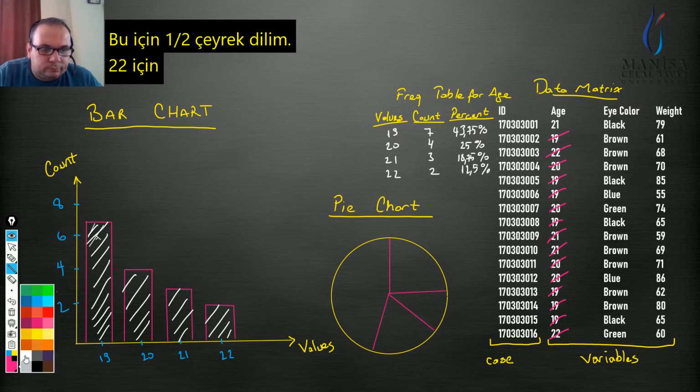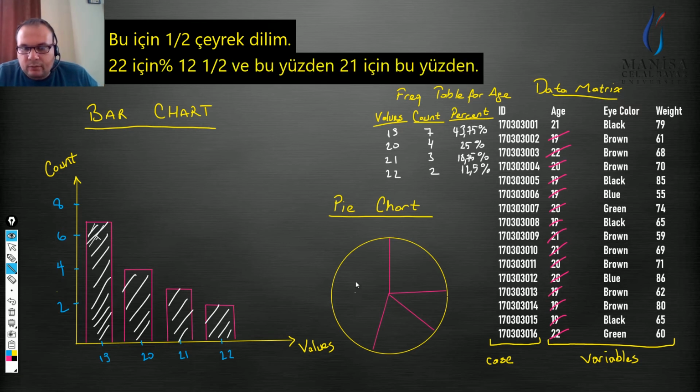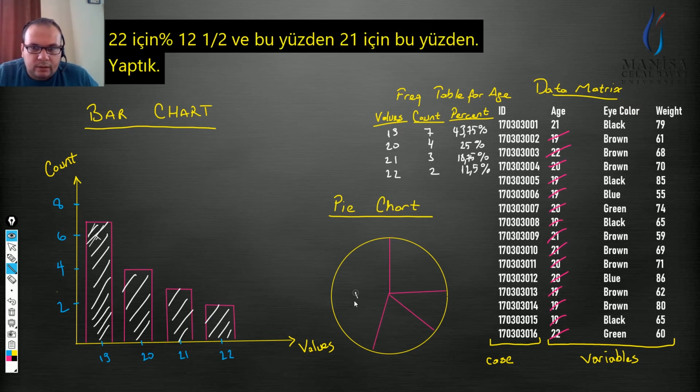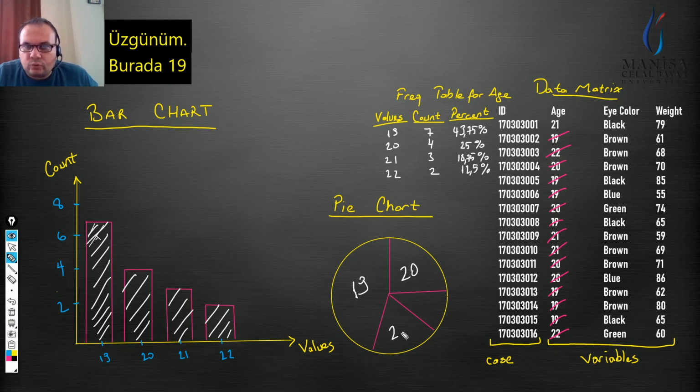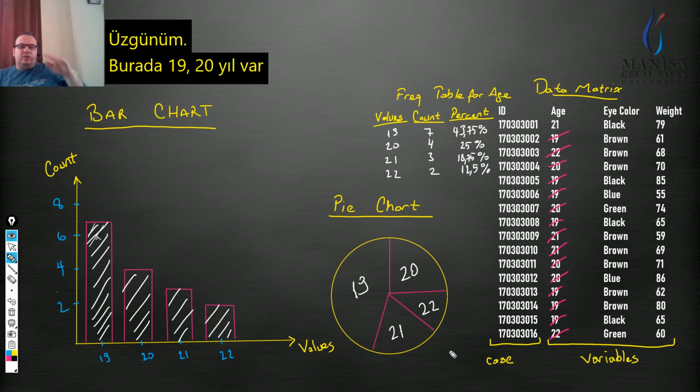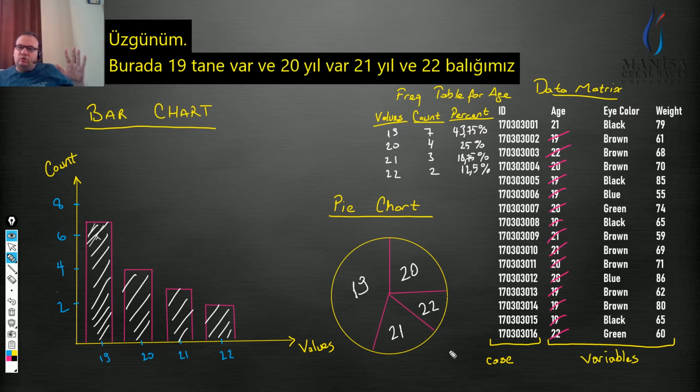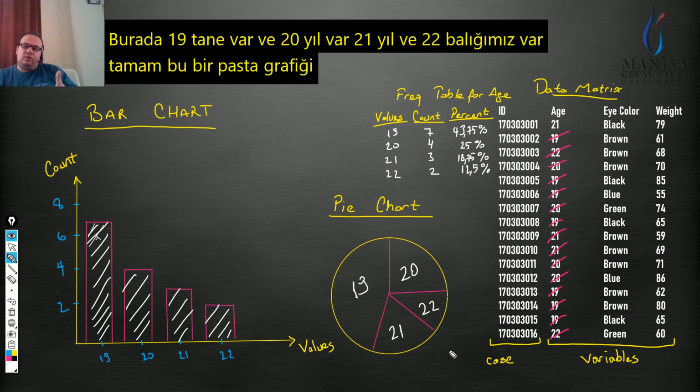So we have 19 here, 20 here, 21 here, and 22 here. Okay, this is a pie chart, so it's very easy to create, and also very easy to understand.